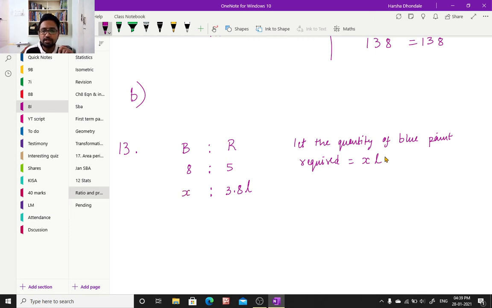So here I'll write x liters and I'll try to find out what should be the exact value of x. Okay. So 8:5 is in proportion with x:3.8.